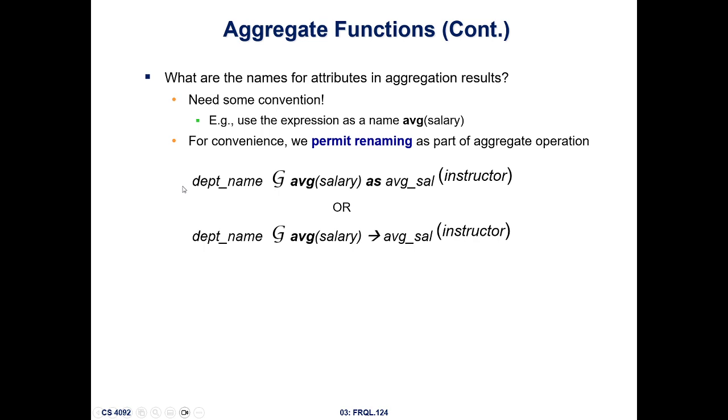So again, this isn't SQL code just yet, but this is just this type of idea of relational algebra where we say grab the department name, and for my general function, apply the average to each of the salaries from whatever's found in the relation to department name, and use this aggregate function as average salary. So this is a new name we used, or you could say arrow over to average salary as well.